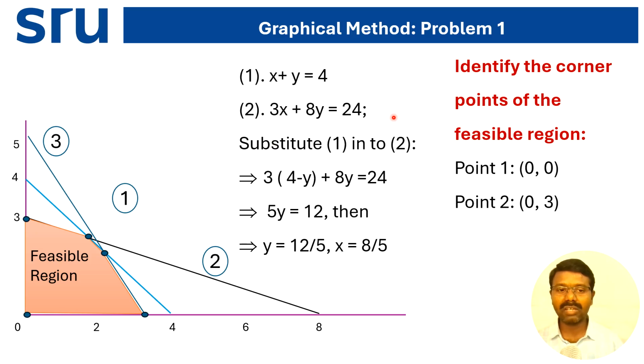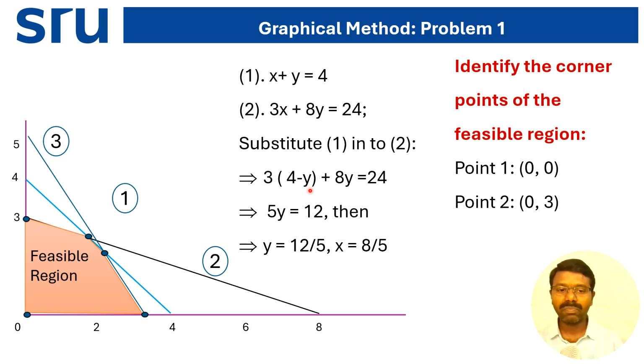Equation 2 is 3x plus 8y is equal to 24. If I solve these two equations by substituting equation 1 into equation 2, from x plus y equal to 4, x becomes 4 minus y. Substituting x equal to 4 minus y in the second equation, it becomes 3 into 4 minus y plus 8y is equal to 24.